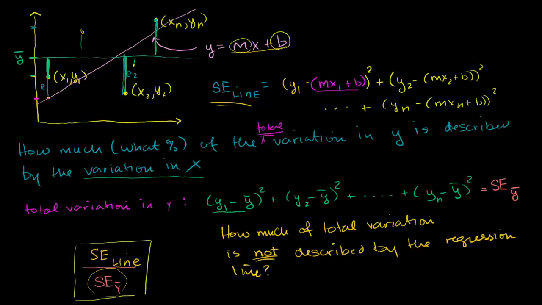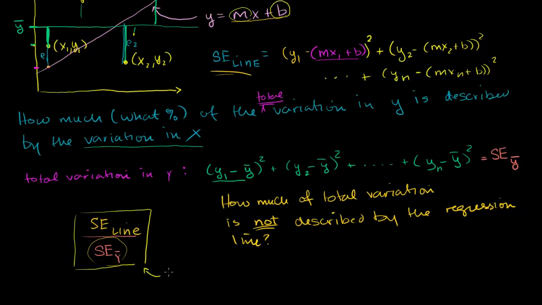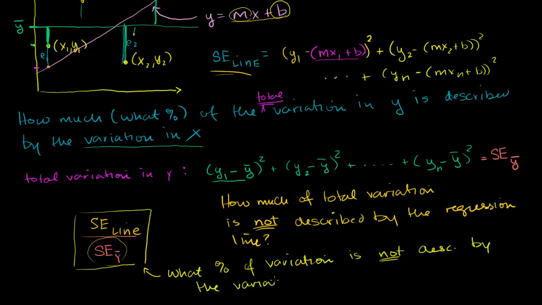Tells us what percentage of the total variation is not described by the variation in x, or by the regression line.